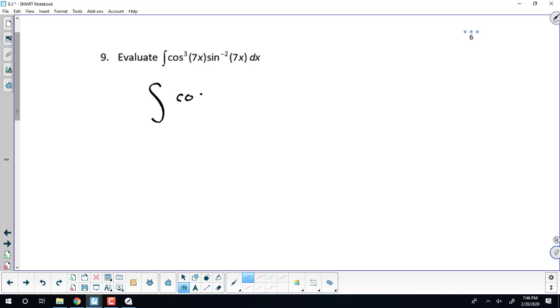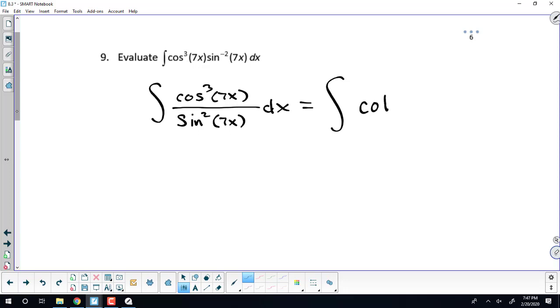If we rewrote it like this, then we have cosine squared over sine squared times cosine 7x dx.